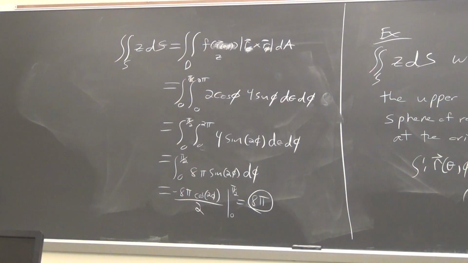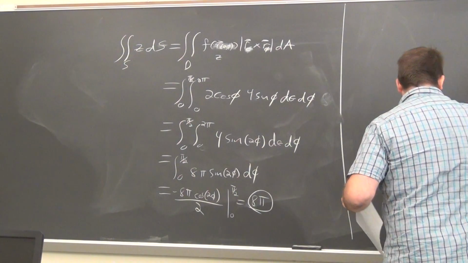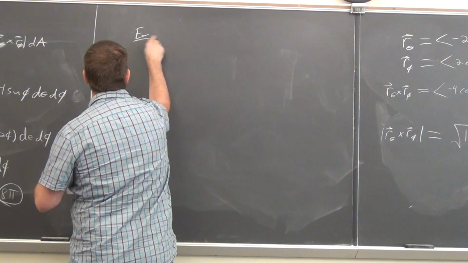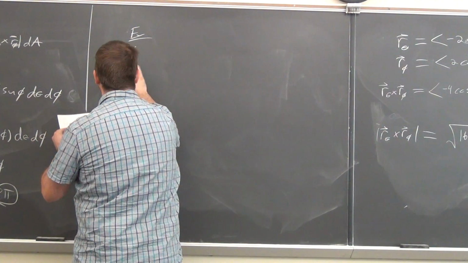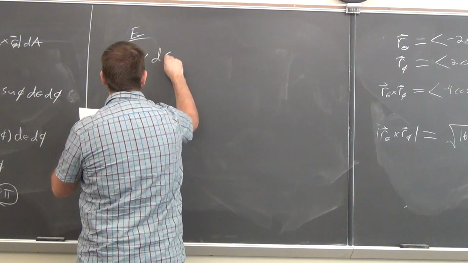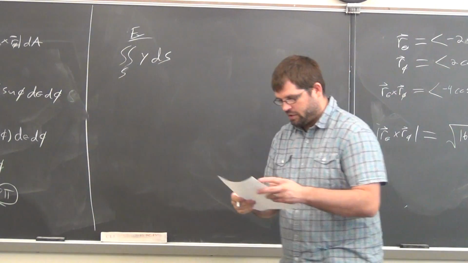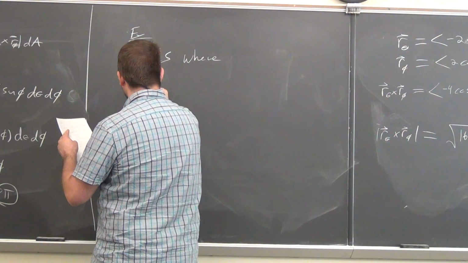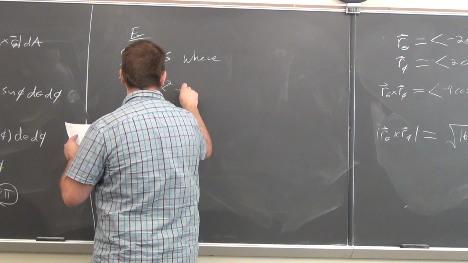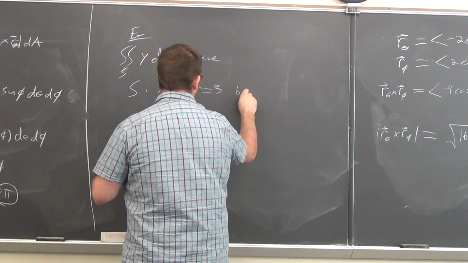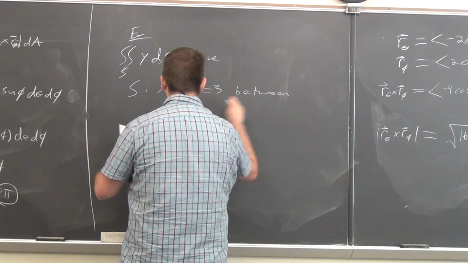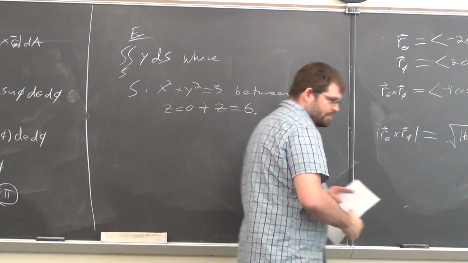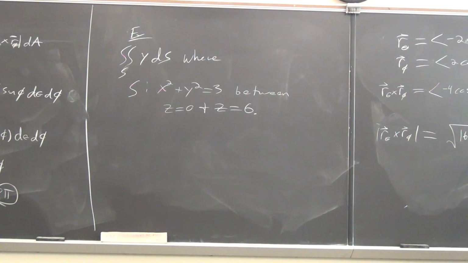All right, let's try another one that's very similar. So I won't put the directions up here. Compute this surface integral, the integral over S of y dS, where S is just, well, let's do this. x squared plus y squared equals 3.